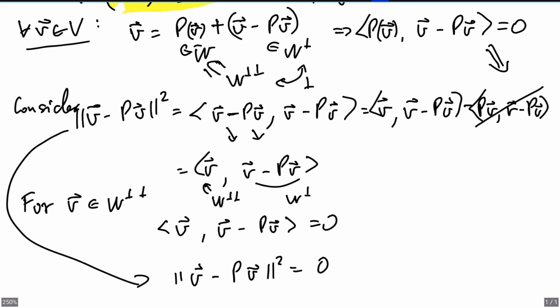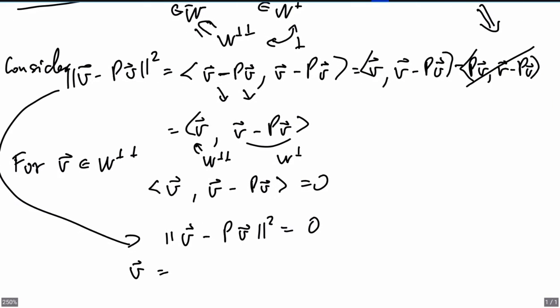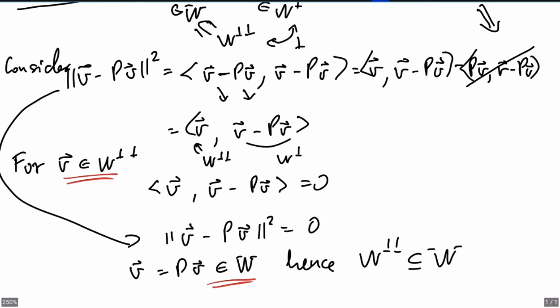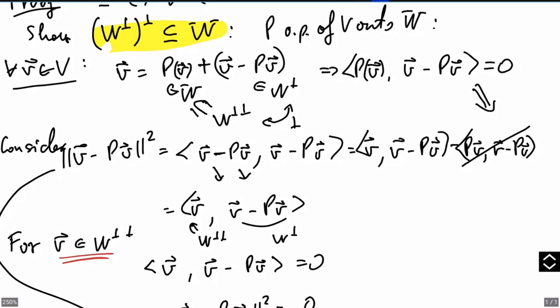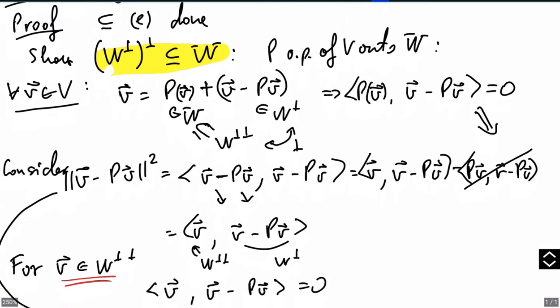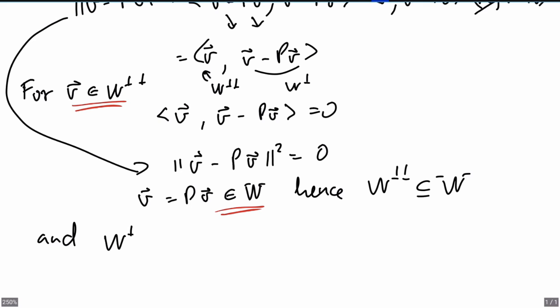So this is 0. And that means v equals Pv, because v minus Pv must be the zero vector. And Pv is, by definition, the orthogonal projection, so this is actually in W. So we obtained that W perp perp vectors are in W, which means that W perp perp is a subspace of W, and along with property E on the first part, we have that W perp perp equals W, which is the statement of the theorem.